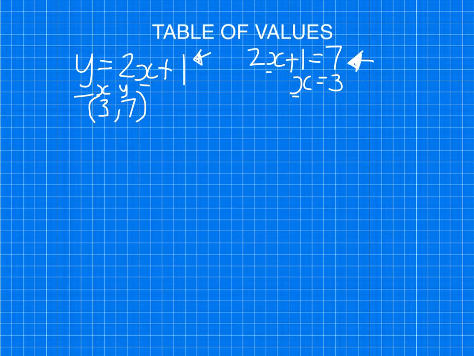Another solution could be if I substitute x = 6 and y = 13. That is a solution because it makes the statement true. I could substitute in negative numbers too. If x was minus 1, then y would also be minus 1. That's another solution, and so on. There are infinitely many solutions to this equation.